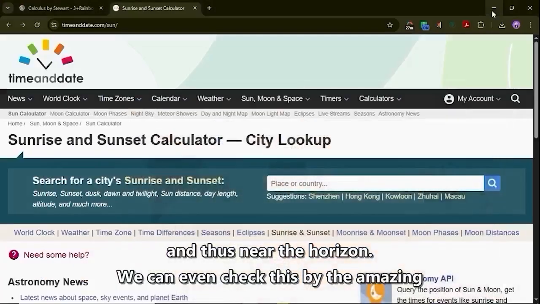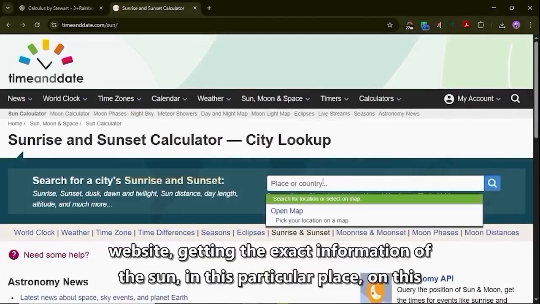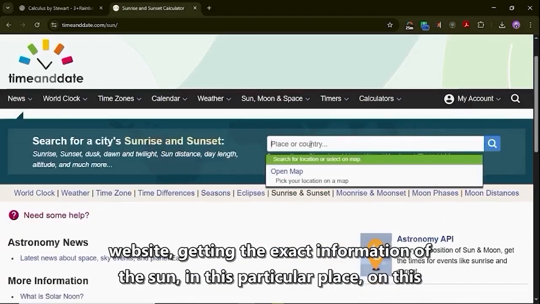We can even check this by the amazing website, getting the exact information of the sun in this particular place on this particular day.